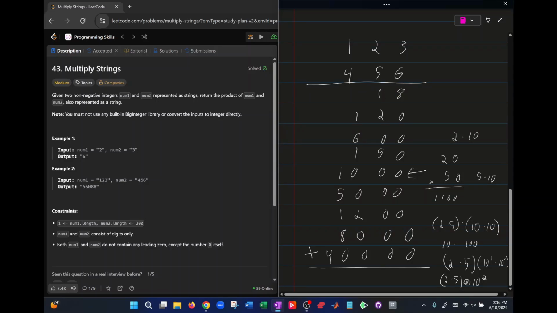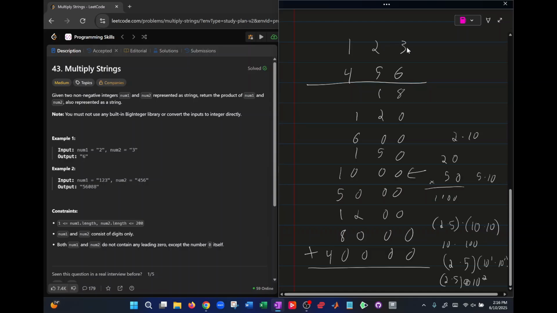going back to our example here, how do we find the exponent? So here, if we just look at num1, for the final digit 3, this occurs at index 2 in the string, because again, Python indices start at 0, so this will be index 0, index 1, index 2.